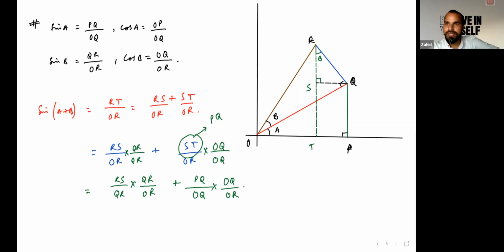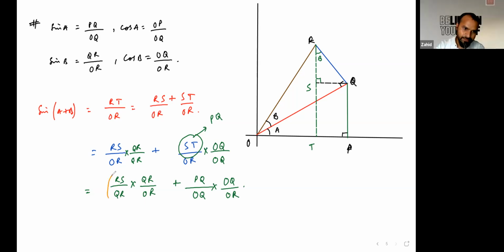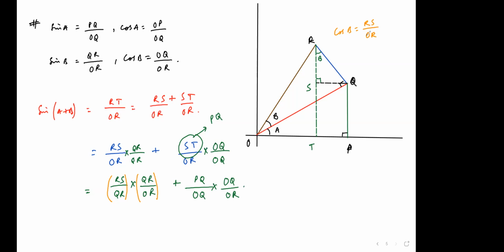Is it clear to everyone till now? Yes, sir. Now just see RS over QR. In this particular triangle, cos of B is equal to base over hypotenuse, means RS over QR.